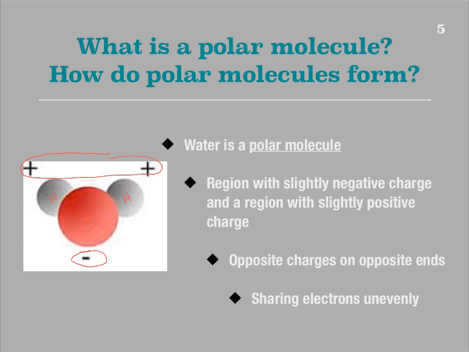The electrons that are being shared are going to spend more time going around the oxygen, this bigger atom, than around the smaller hydrogens. As a result, electrons being negative, we're going to get a slightly negative charge on this end, and a slightly positive charge on the hydrogen end. And that comes from the sharing of the electrons unevenly.